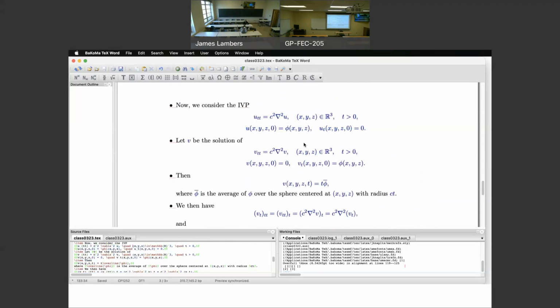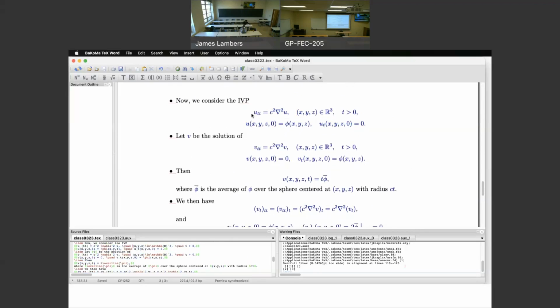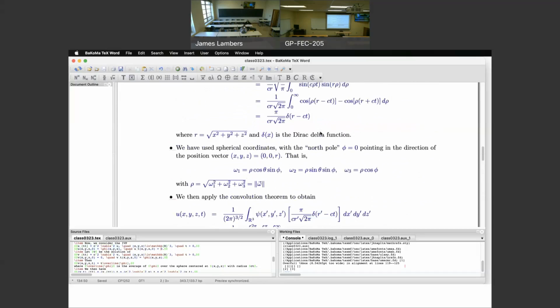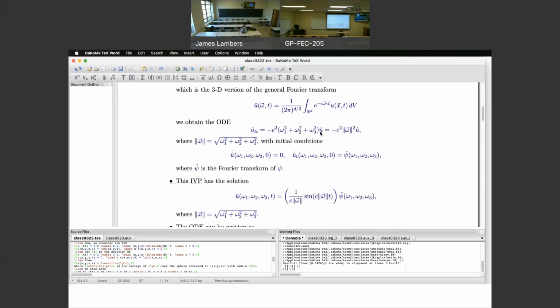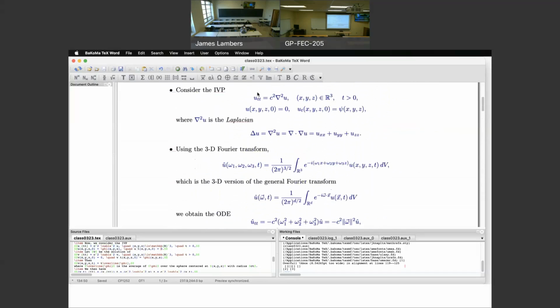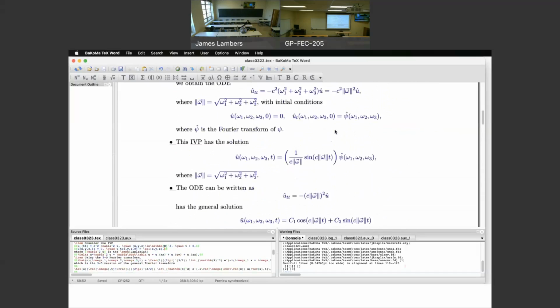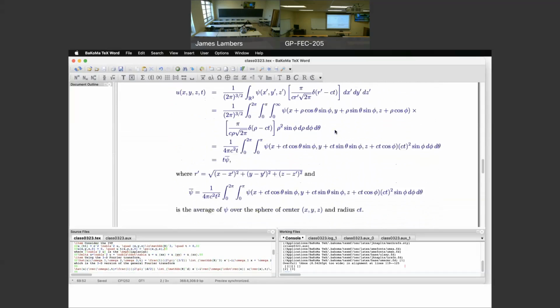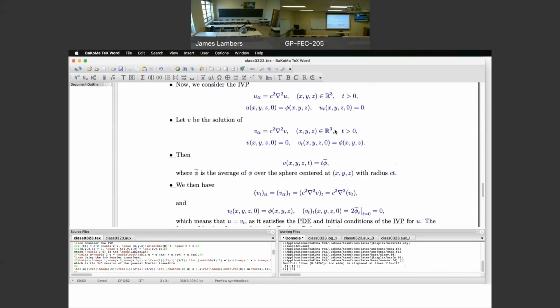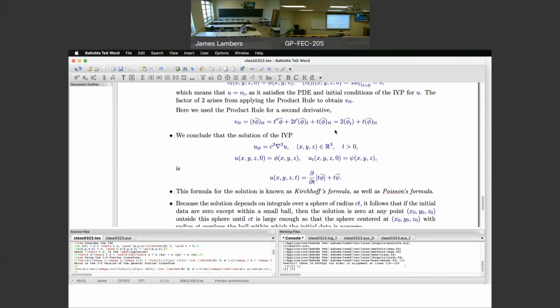So now that I know the solutions of this problem and this problem, or the other part of initial data 0, I can add those two solutions together to cover general initial data. That's what I do here.